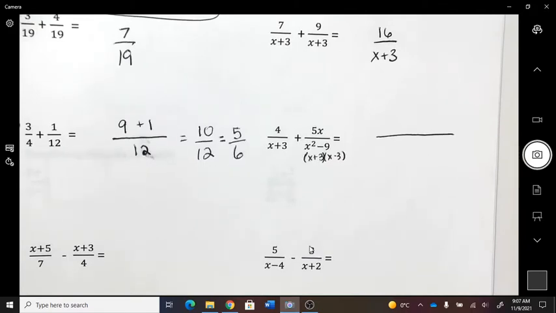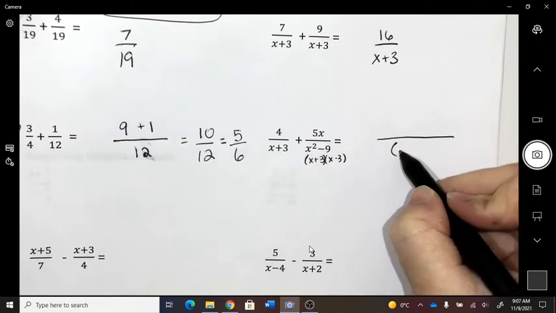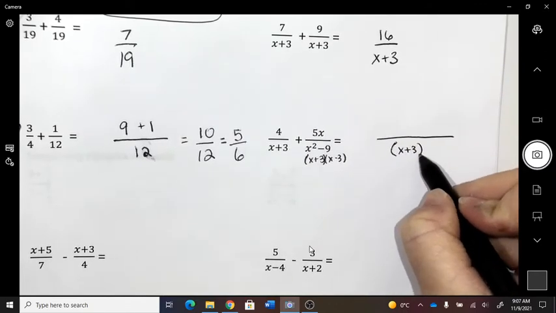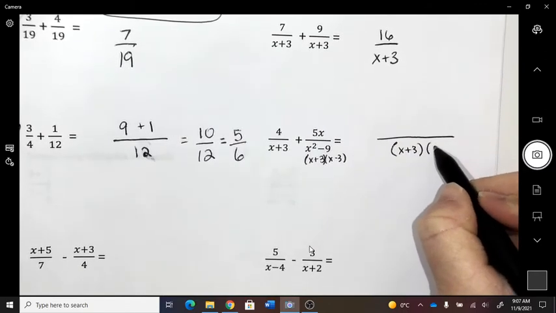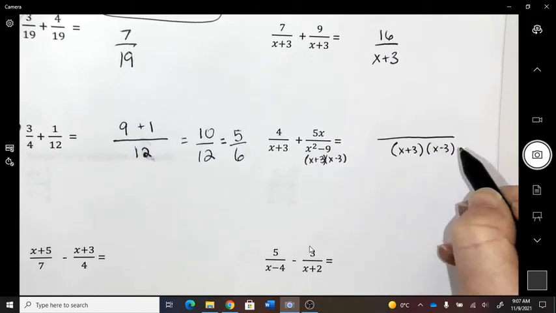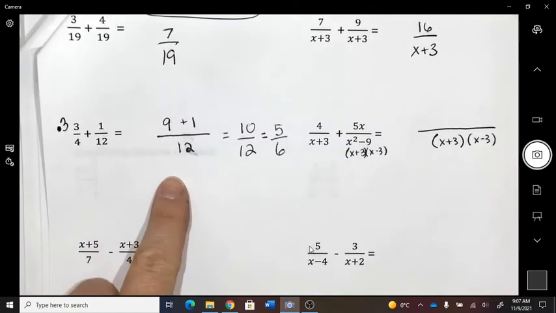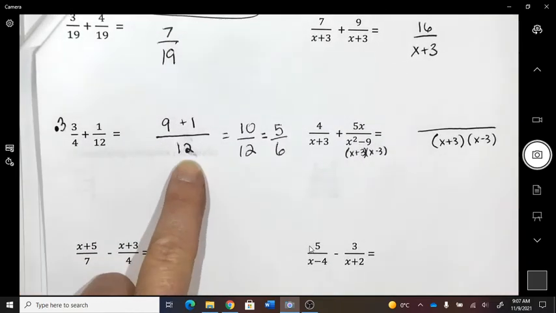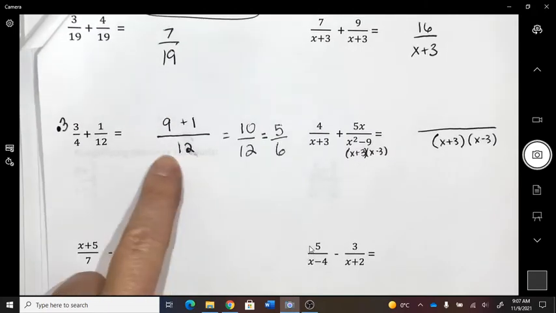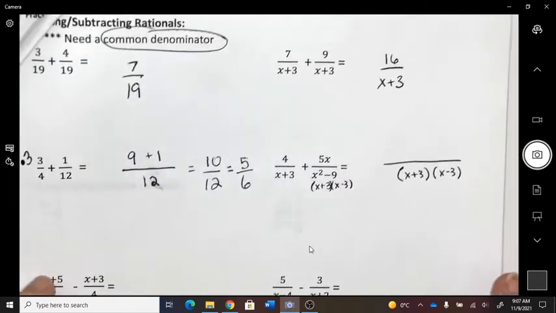Okay, what are all of the factors I need in my bottom? I'm going to have an x plus 3 in the bottom, and I'm going to have an x minus 3 in the bottom as well. Okay, same idea as we just did over here. We needed to pick the bigger one. We needed to pick the 12 because the 4 goes into 12 and the 12 goes into 12. Same idea.